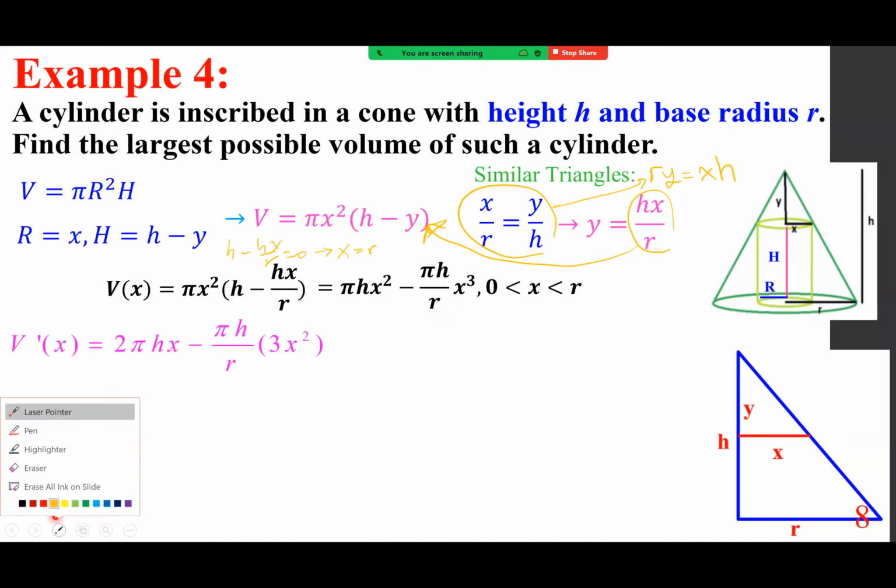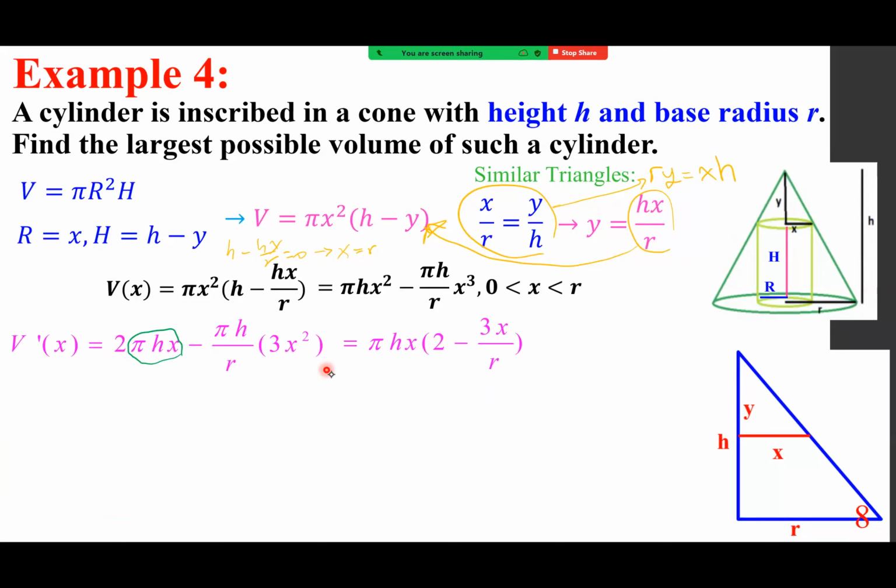If I take this as a common factor, 2 is left here, and over here we get minus 3x over r. Okay, so pi h, give one of those x to this one, and one of the x's remains, so minus 3x over r.